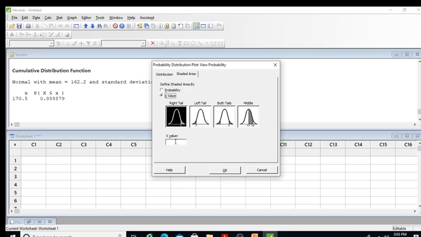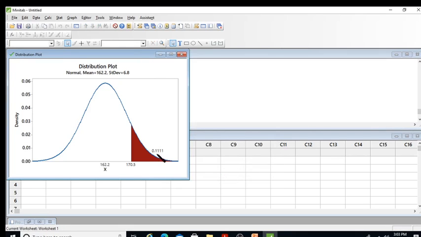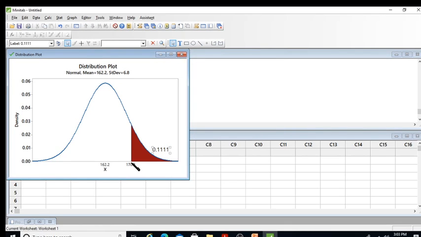My x value is 170.5. If I click on that, I can see 0.111 is the corresponding probability when x is greater than 170.5. So 1 minus 0.111 would be 0.889.